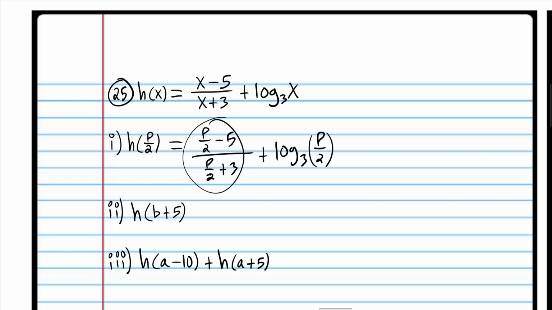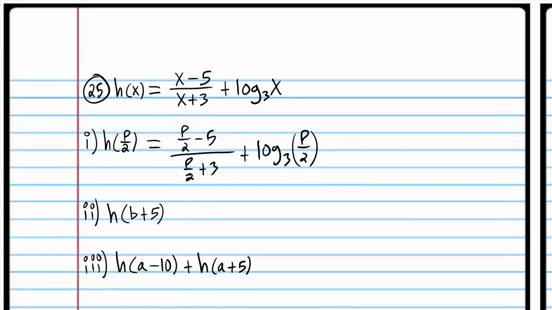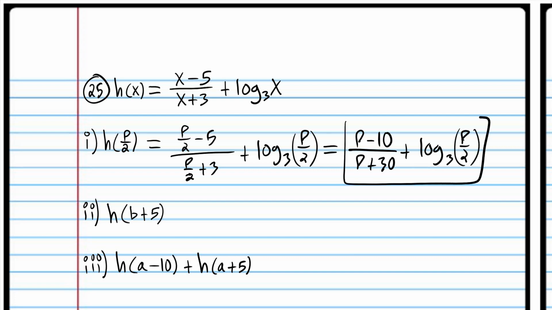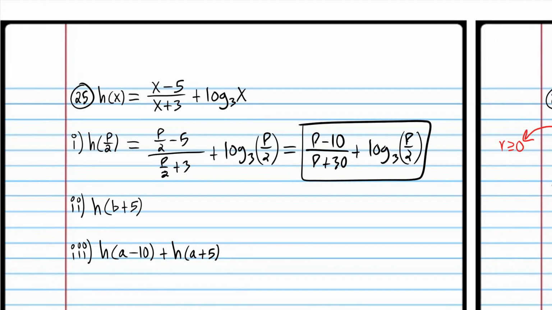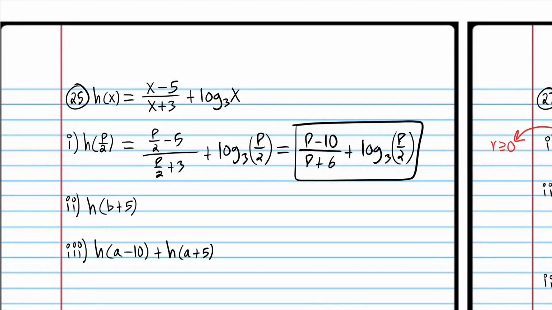Now this is a complex fraction, and that can be kind of tedious to simplify, but the easiest way to do it is to multiply both sides of the fraction by 2, and then you get p minus 10 over p plus 30 plus log base 3 of p over 2. Whoops, that should be 6, not 30. I don't know why I wrote 30. That's why you have to double check everything that you do. It's very easy to make a mistake.